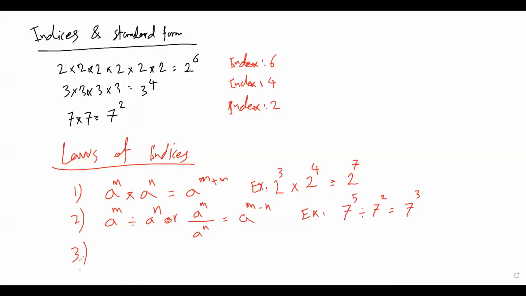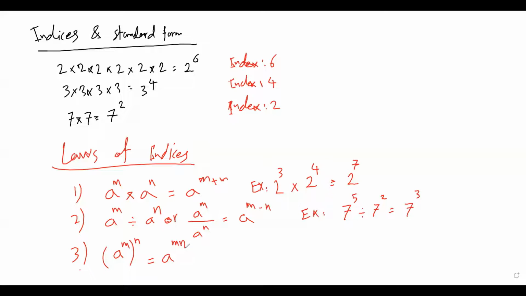And the last law is when you have already raised a number to a certain power, like m, and then again you raise it to another power, okay? In that case, you write the base and you multiply these two numbers. So the new index is mn.